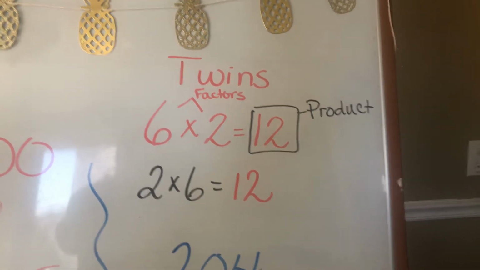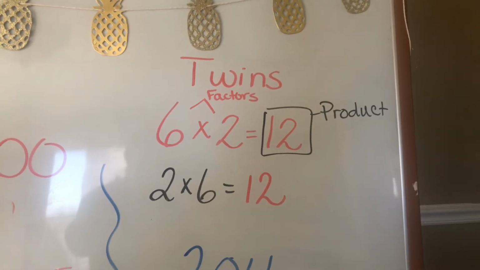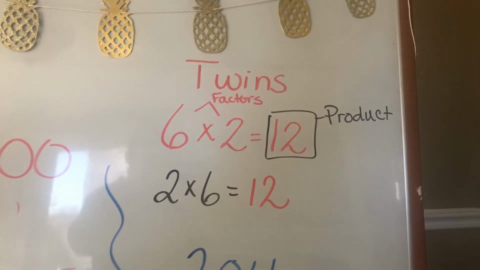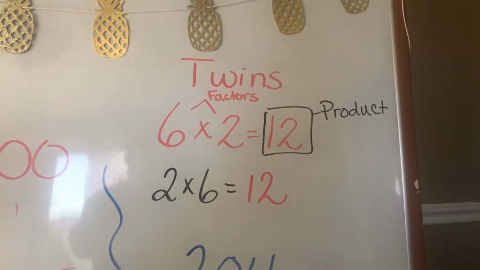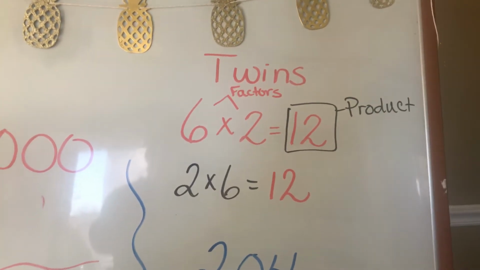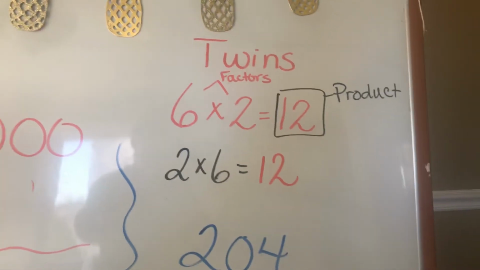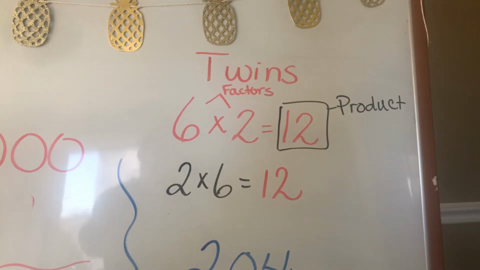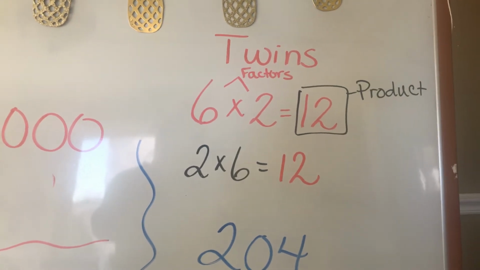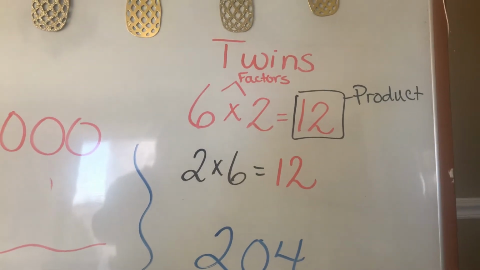Now, a twin means that the problem is the same, but the numbers are switched around. So if we have 6 times 2 equals 12, Ben, what's the twin to 6 times 2 equals 12? 2 times 6. If I were to say 3 times 5, what would the twin be? 5 times 3.